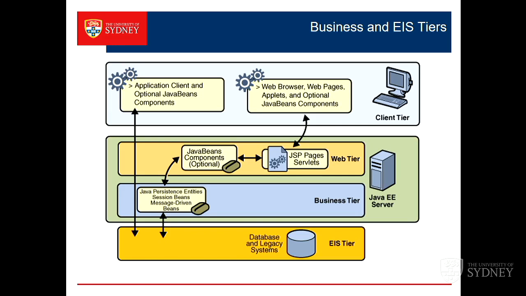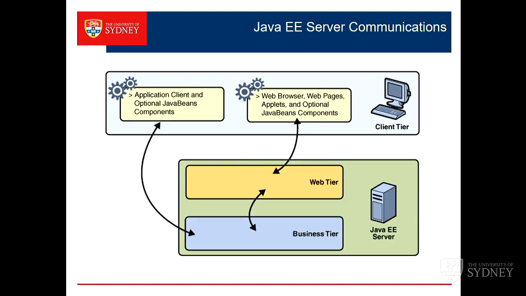We've got entity beans, we've got session beans holding a session state, message-driven beans for taking requests, and we've got the web, this is the server-side web code, and Java components over here. Client tier, that's all pretty obvious.